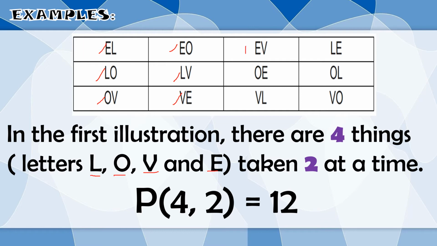Take note, VE is different from EV. OE, same with EO, is different from OE. Next is VL, LE, OL, and VO. From our illustration, we can say that the permutation of 4 and 2 is equal to 12.